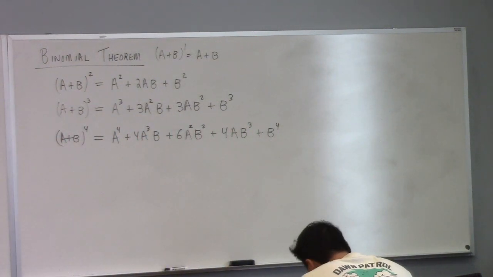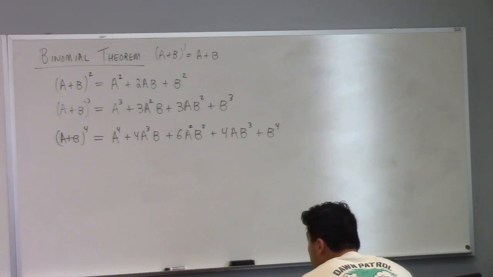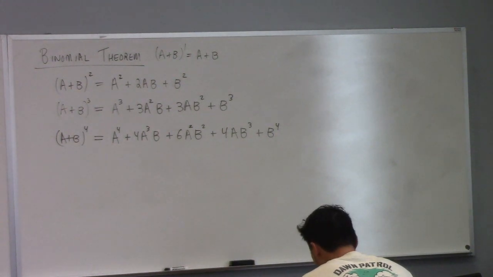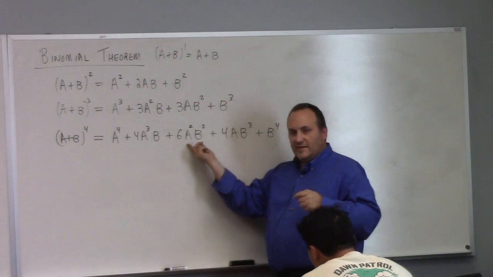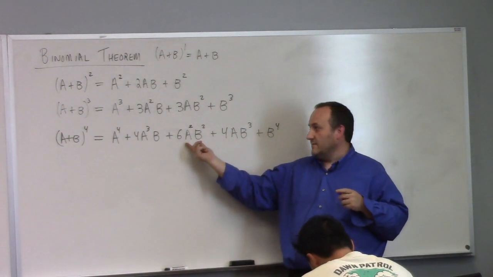Every term, the power of b raises by 1, and every term the power of a drops by 1. The net sum of the powers is always whatever we're looking at. Like if it's the fourth power, then we have a net number of 4. For example, this a squared b squared has a net of 4.